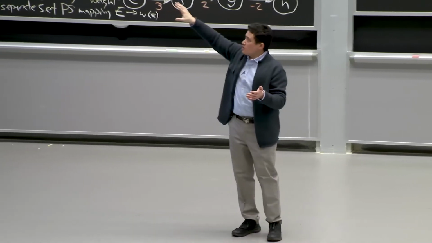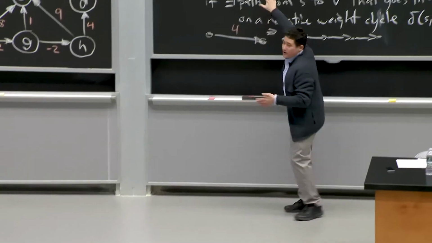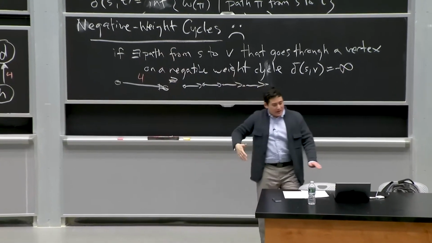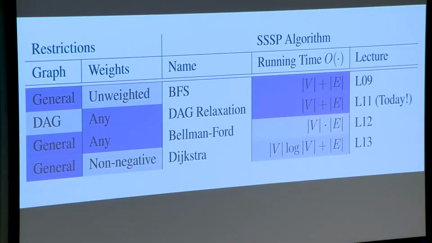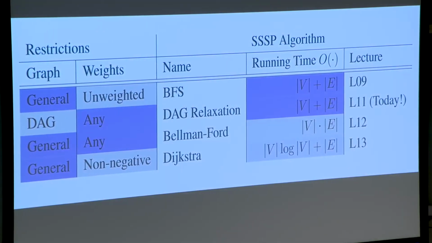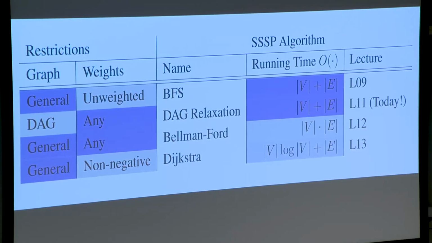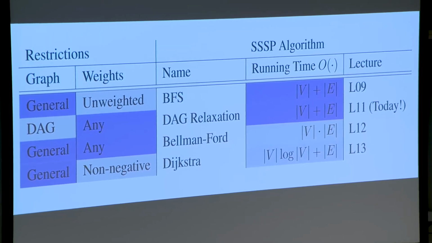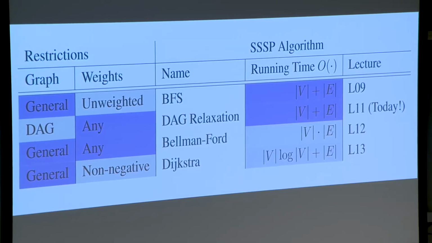So in the context where you don't have negative weights, you don't have the problem of negative weight cycles, and we can do a lot better by exploiting that property. We get a bound that looks a little bit more like n log n. It's pretty close to linear; you're losing a log factor on the number of vertices. But it's pretty good. This is called Dijkstra, and we'll get to that in 2 lectures. So that's the roadmap of what we're going to do for at least the next 3 lectures.